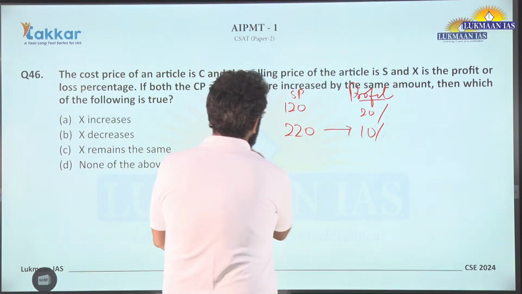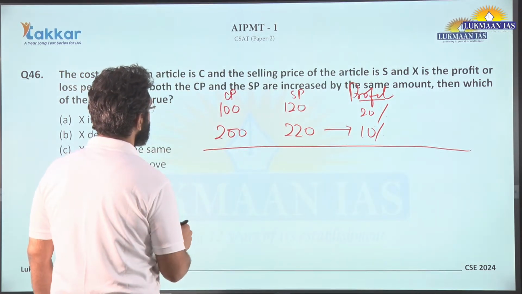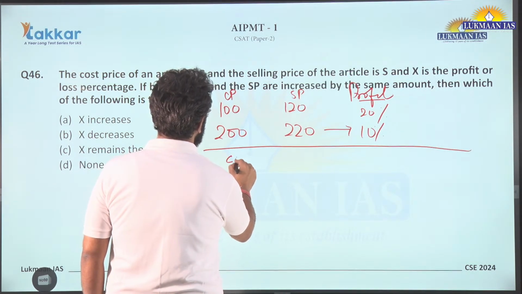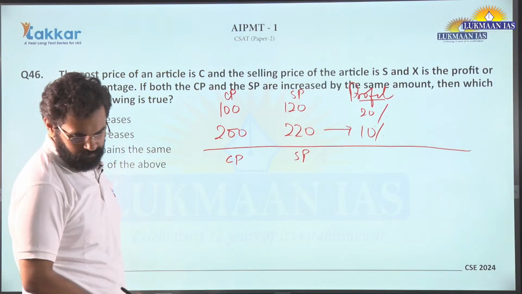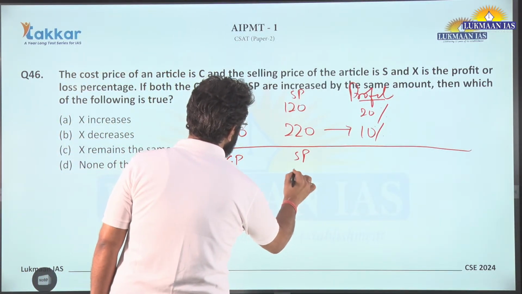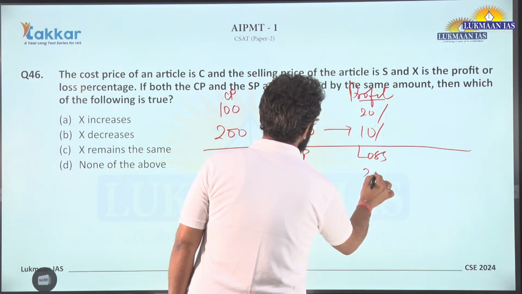So if we increase the cost price and the selling price by the same amount, the profit percentage decreases. What if we try to solve it for the loss percentage also? What shall we take? 100? Suppose the cost price is 100 and we sell it at 80, we make a loss of 20%.